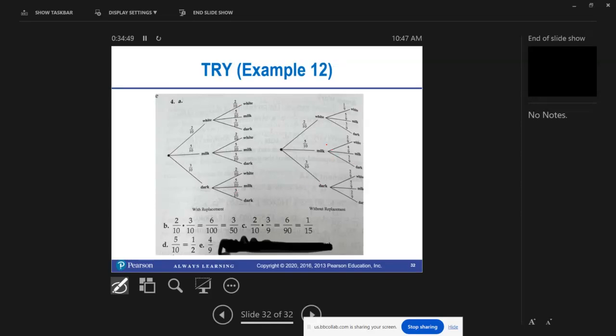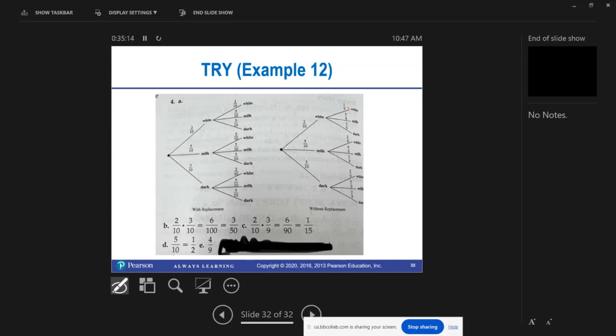Now, for the other tree diagram, you're not replacing. So you start out the same: 2 out of 10, 5 out of 10, 3 out of 10. But the second draw, they're all out of 9, because you didn't put the first piece of chocolate you drew back in. So there's only 9 pieces left. If you drew a white the first time, then there's no longer 2 whites, there's only 1.